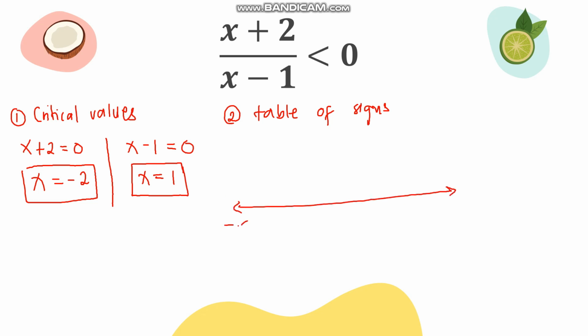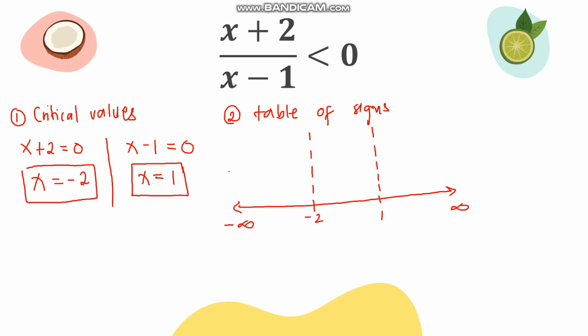So we have negative infinity here, and positive infinity here. And then we will place the critical values. Of course we know negative 2 will come first, and then positive 1. Then let's divide it into intervals. As you can see, we have 3 intervals: negative infinity to negative 2, negative 2 to 1, and then 1 to positive infinity.